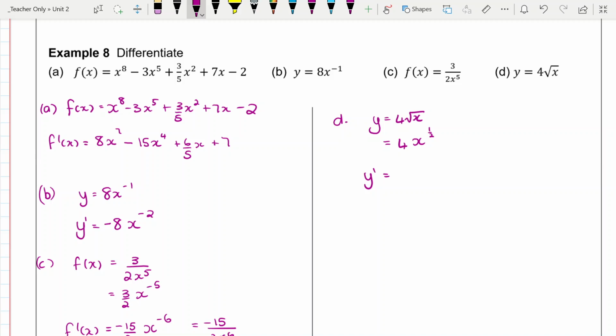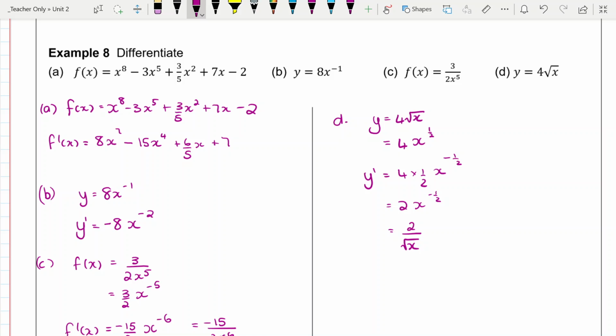So y dashed is going to be 4 times a half x to the a half minus 1, which is x to the negative a half, and 4 over 2 is just 2x to the negative a half. And we would want to write it in the same form as it was given to us, so that becomes 2 over square root x.